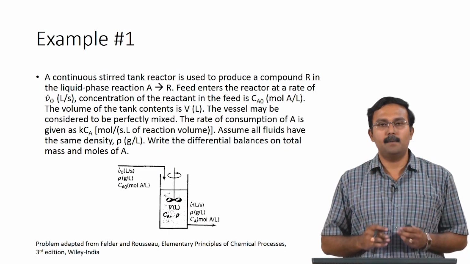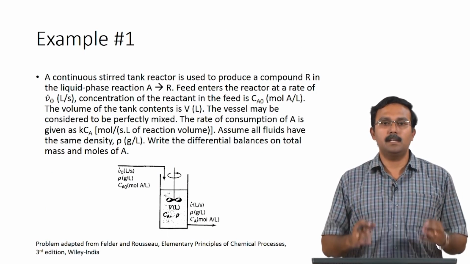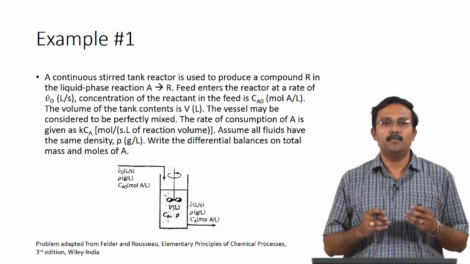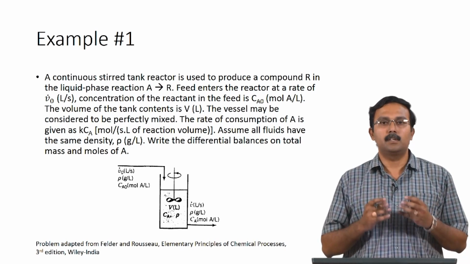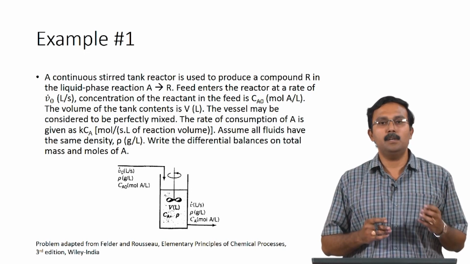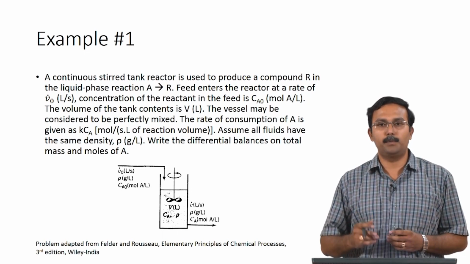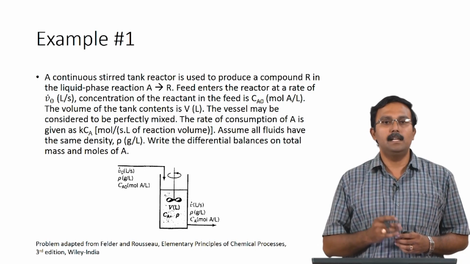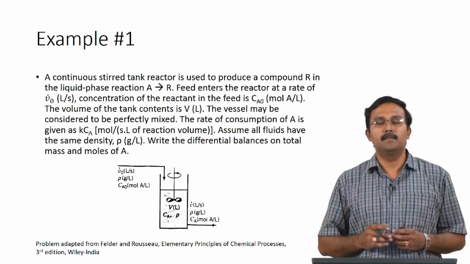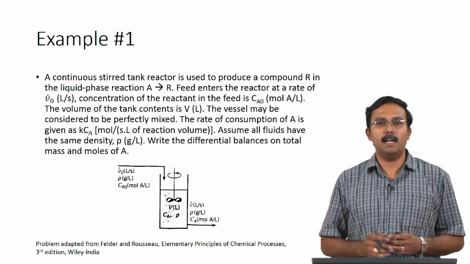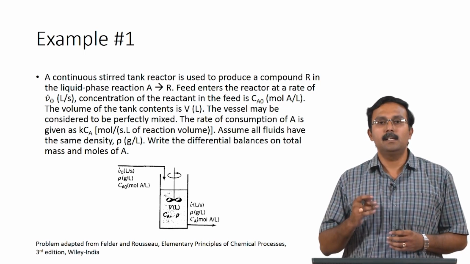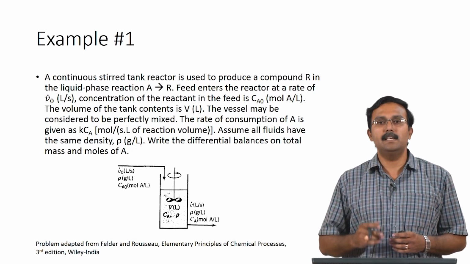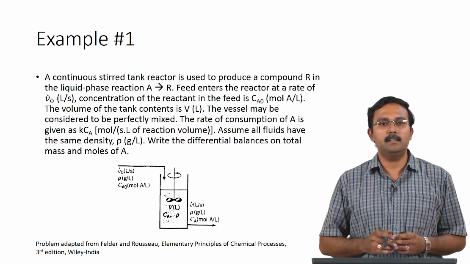So, here is an example problem which will help us construct such differential balances for the total mass and for a component A. The problem statement says a continuous stirred tank reactor is used to produce a compound R in the liquid phase reaction A gives R. Feed enters the reactor at a rate of V naught dot liters per second. Concentration of the reactant in the feed is Ca naught moles of A per liter.